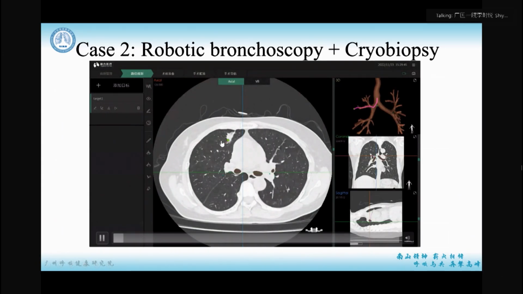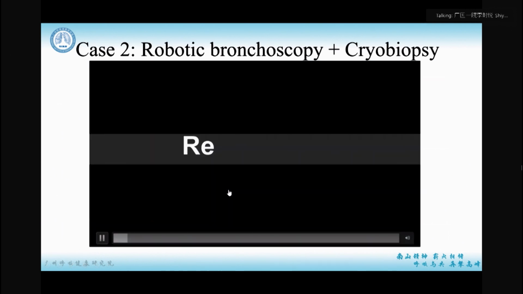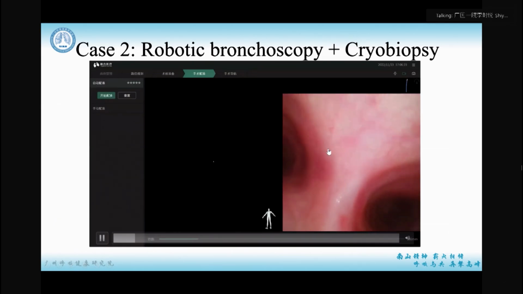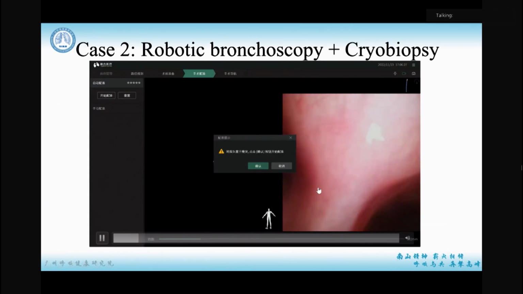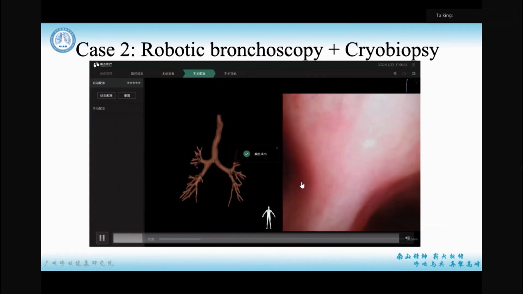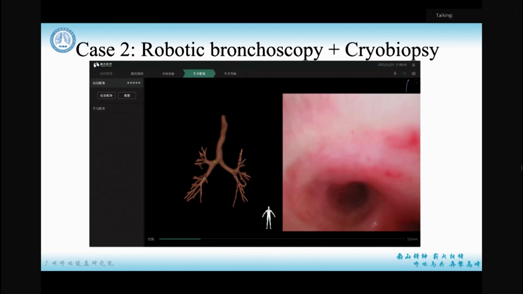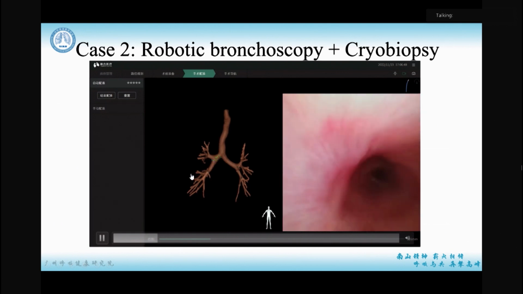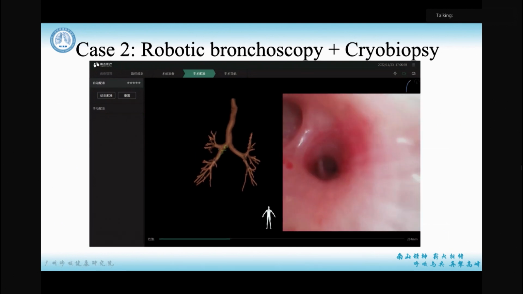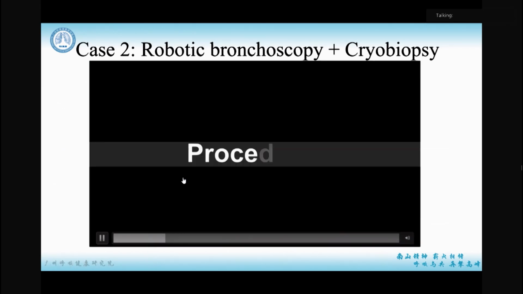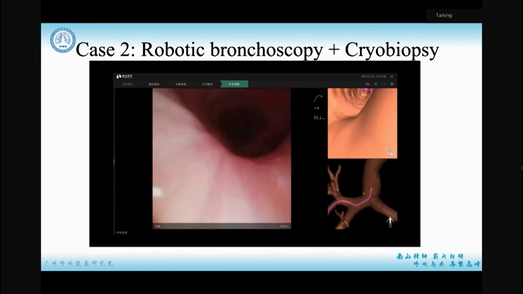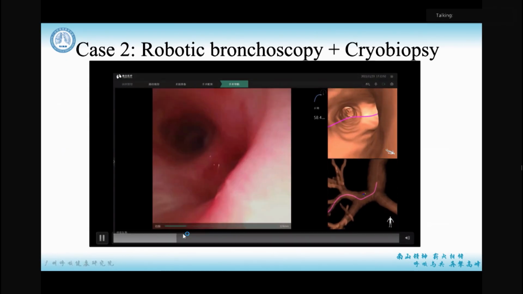There's a nodule at the right middle side, and then we did registration with the robot, and calibration.